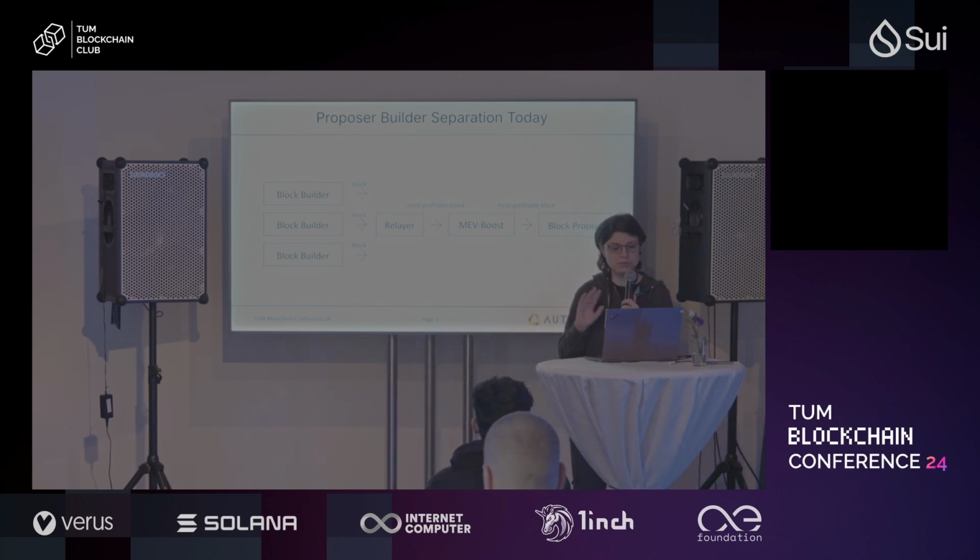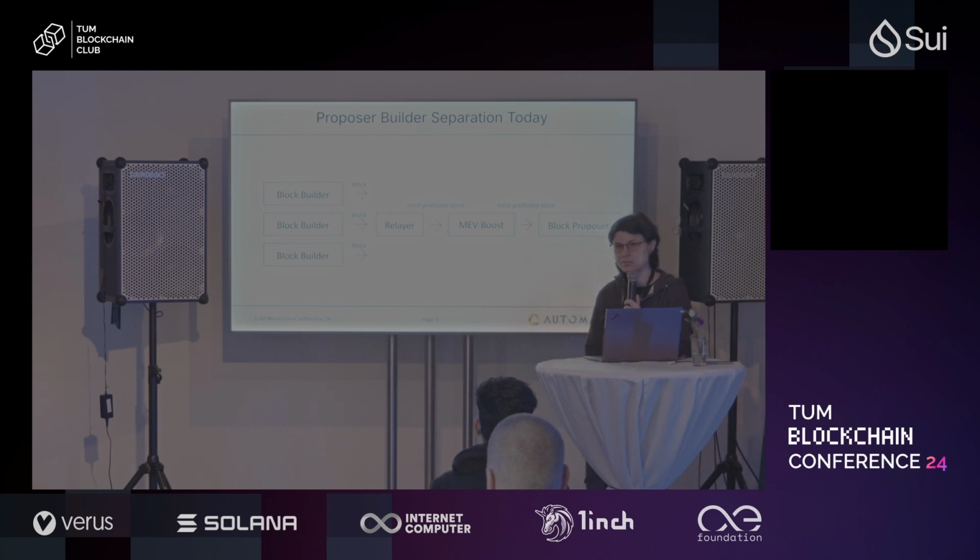So we have a bunch of block builders who will submit their block to a relayer, or multiple relayers. There are more relayers actually involved, but for simplicity, there's only one on the diagram. And then the block proposer runs this sidecar, MEV Boost, and this MEV Boost will select the most profitable block from all the relayers and give it to the proposer.